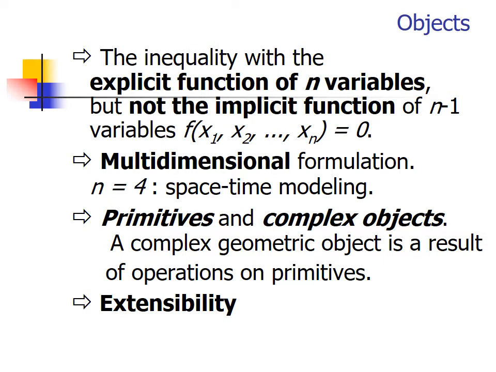The difference between primitives and complex objects is that a complex geometric object is a result of operations on primitives. Objects in FRep are extensible. It means users can introduce their own new primitives.